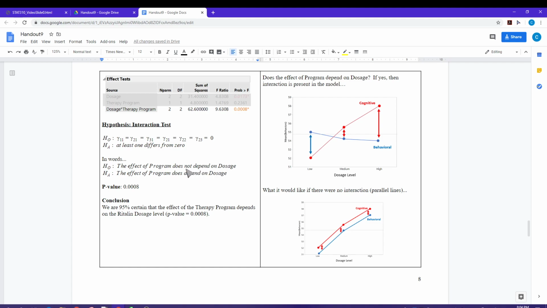The null hypothesis is always there's no effect, or it does not depend on dosage level. The p-value here is quite small. So we are 95% certain that the effect of program therapy depends on the Ritalin levels. There's that combination going on there.